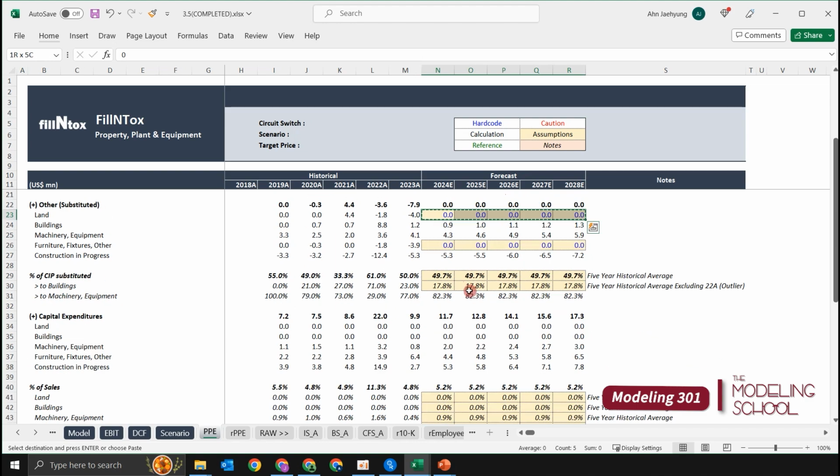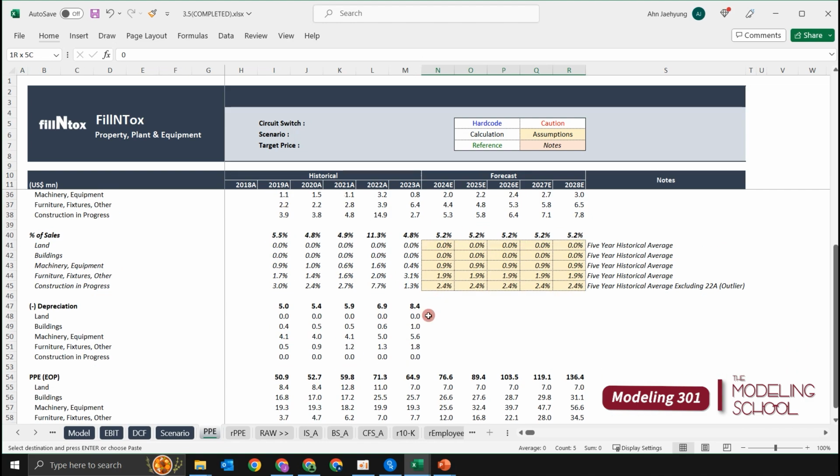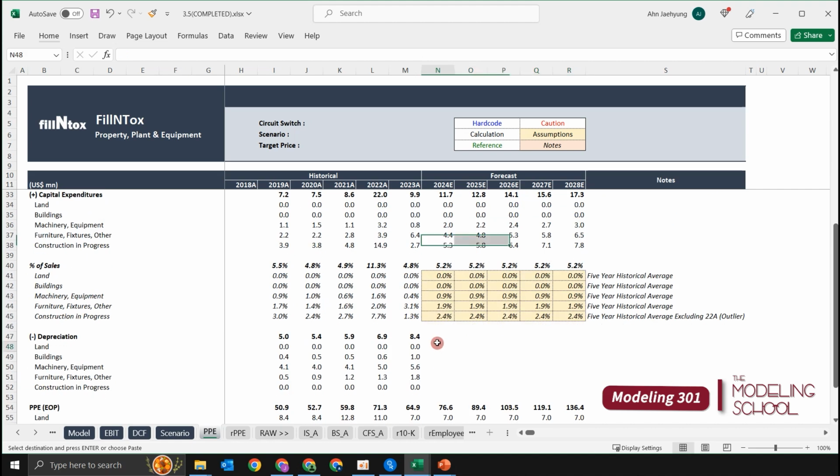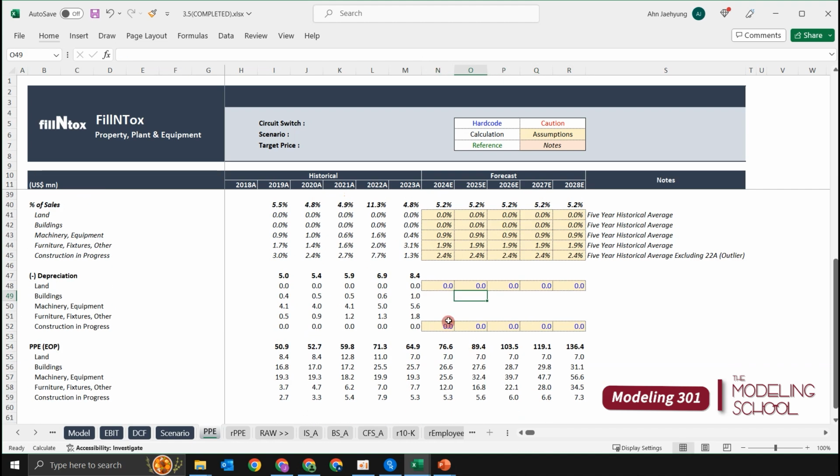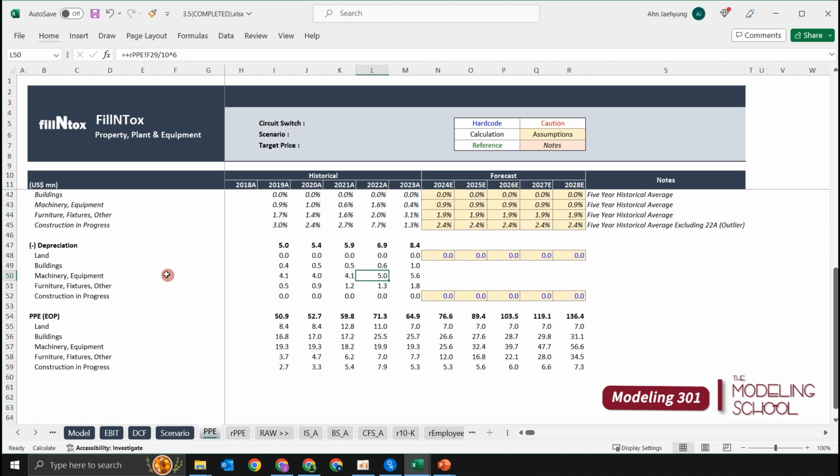Let's just copy and paste the existing formula, existing cells, paste and paste.